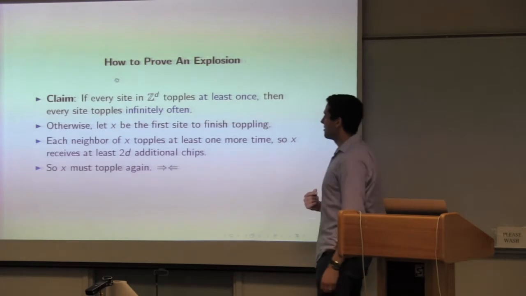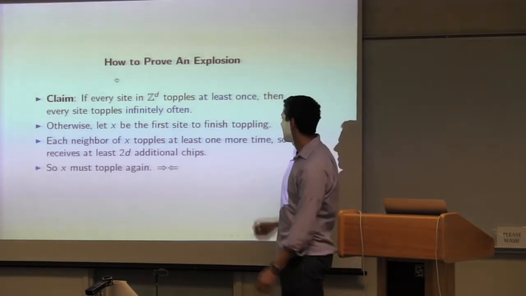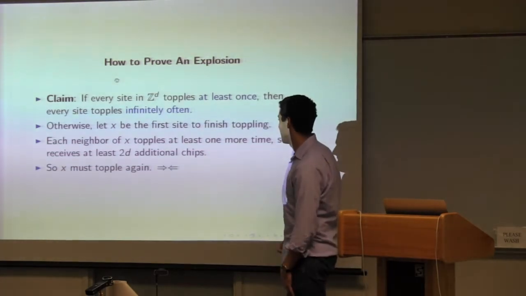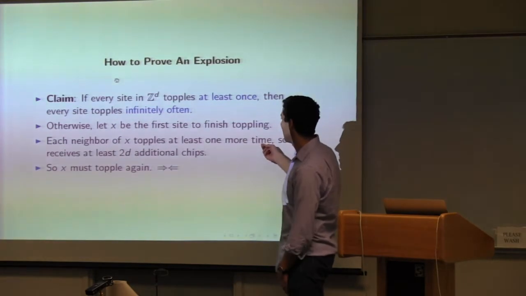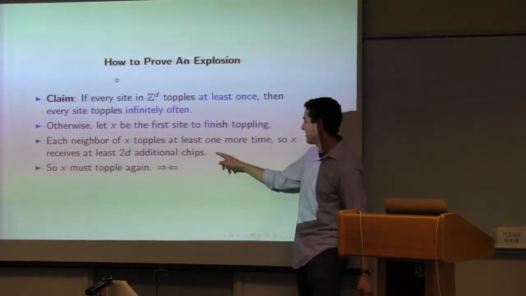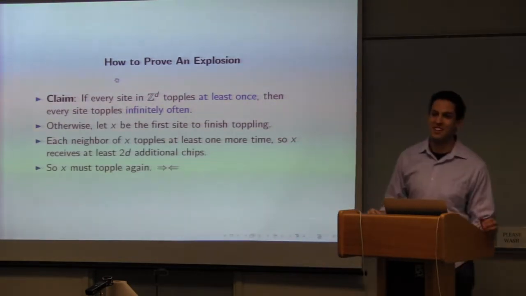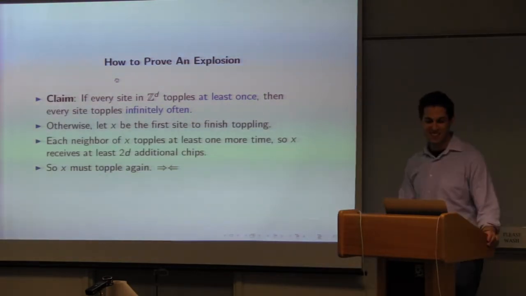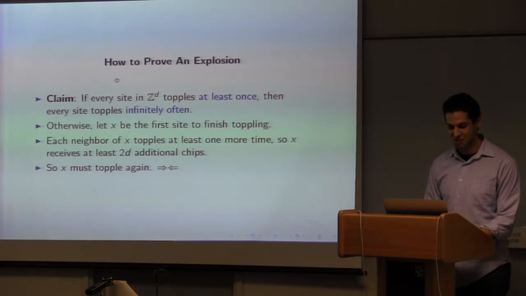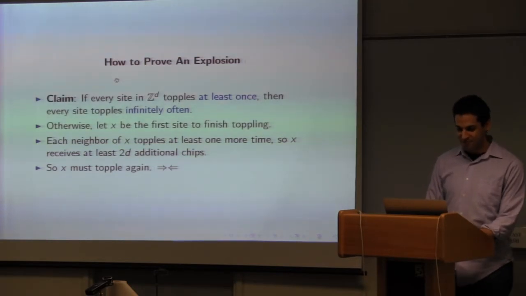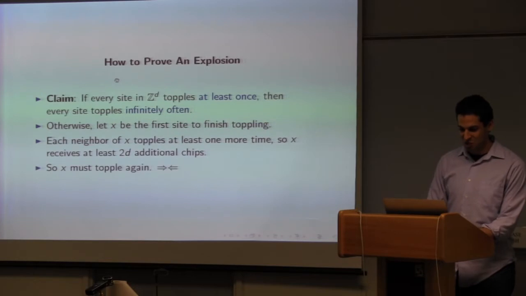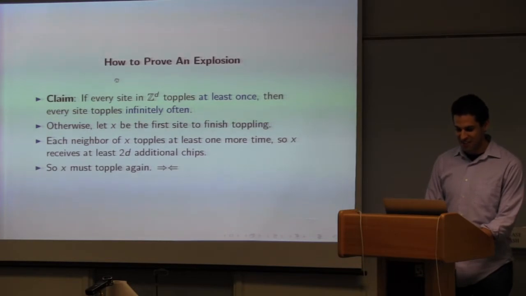Because every site topples at least once, each neighbor of x is going to topple at least one additional time, which means x receives at least 2D additional chips, which means x has to topple again, and that contradicts the fact that x finished toppling. So this is a useful observation.